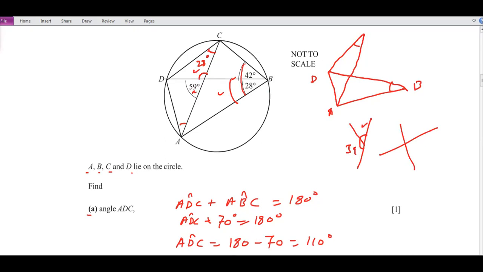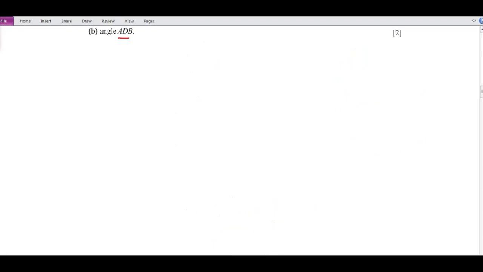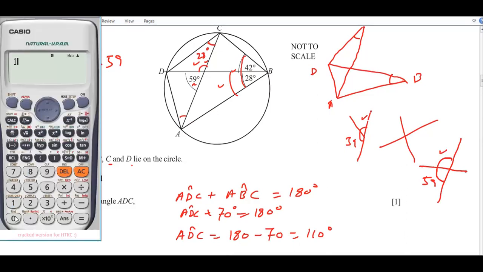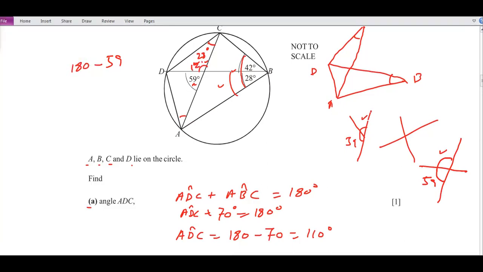It will be 180 minus 59, because you know, this is the full line. With the line, the total angle is always 180. Out of 180, this one is given 59. It means what this remaining will be? 180 minus 59 is 121. Okay, it means this angle is 121.